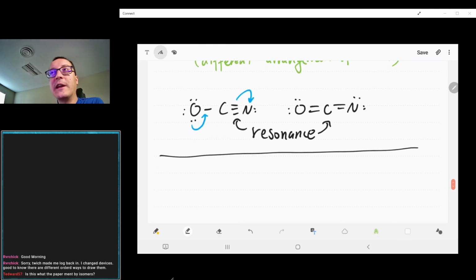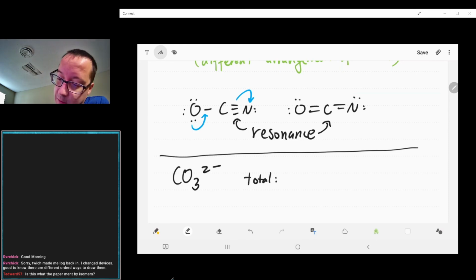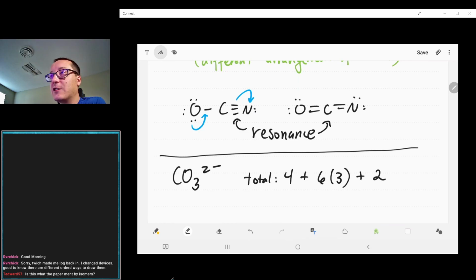So let's go ahead and look at the structure of carbonate. Notice this is going to be our first example of drawing a Lewis structure of something that is charged. If we count the total valence electrons, we have 4 from carbon. We have 3 oxygens, each giving 6. And we also have 2 extra electrons.